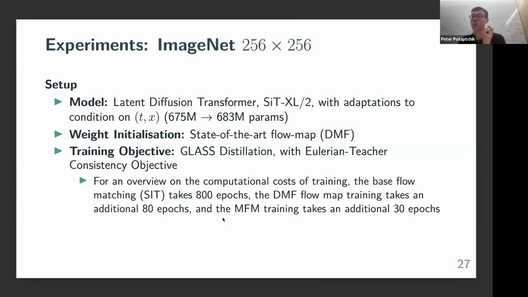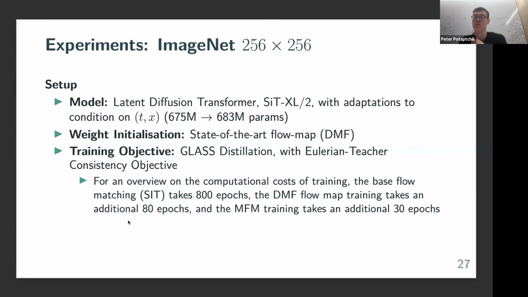And just to give you a rough comparison of the compute cost, the pre-trained checkpoint that we took, the original flow matching model, was trained on 800 epochs of the data set. Then it was fine-tuned from a flow matching model into a flow map with an additional 80 epochs. And then we took an additional 30 epochs to take it from a flow map into a meta flow map.